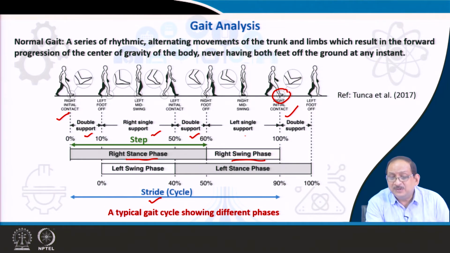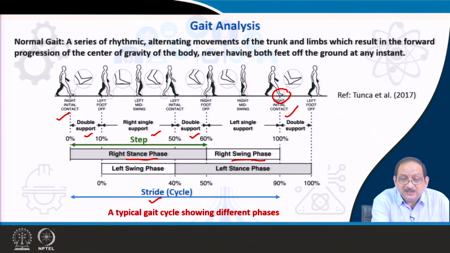When the left leg is executing the stance phase, the right leg is going through the swing phase. Apart from these intermediate phases, there are also different instants as indicated in the gait cycle.